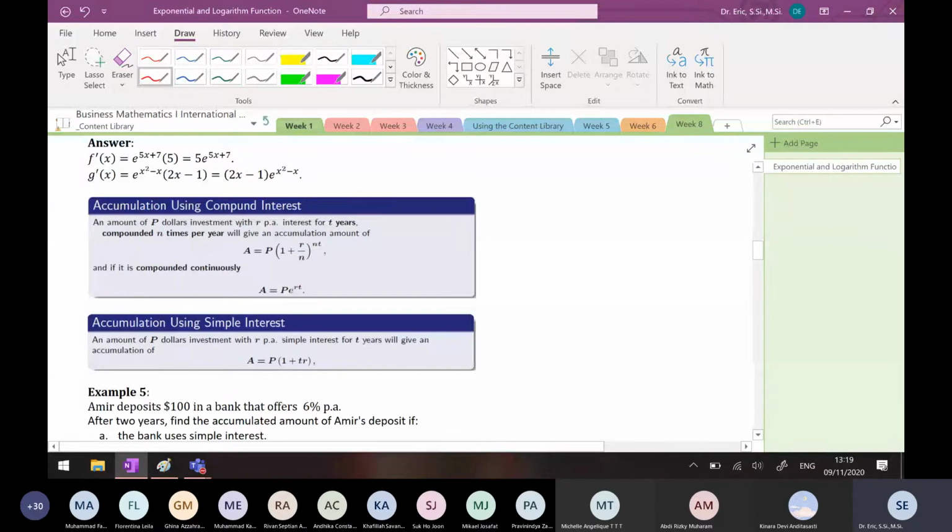So that's what we usually call compound interest, bunga berbunga, bunga majemuk. But in simple interest, the interest is only from the principal. You can watch the explanation on the video, yeah.